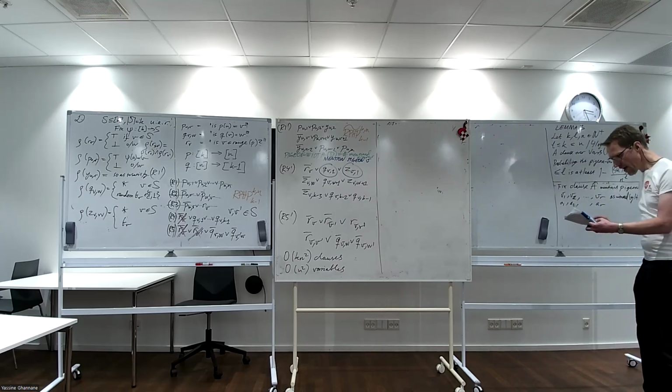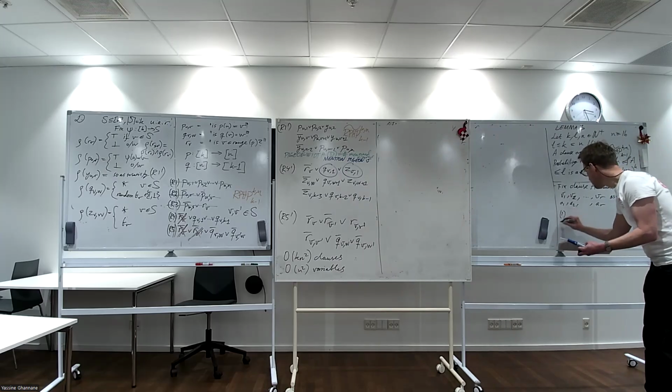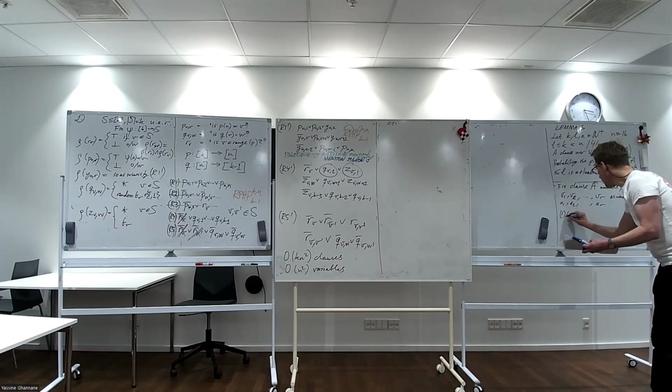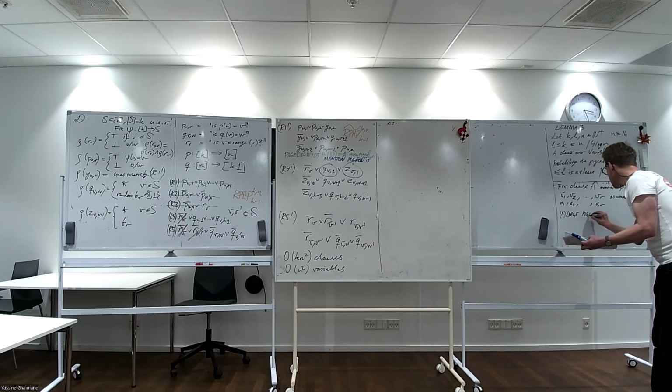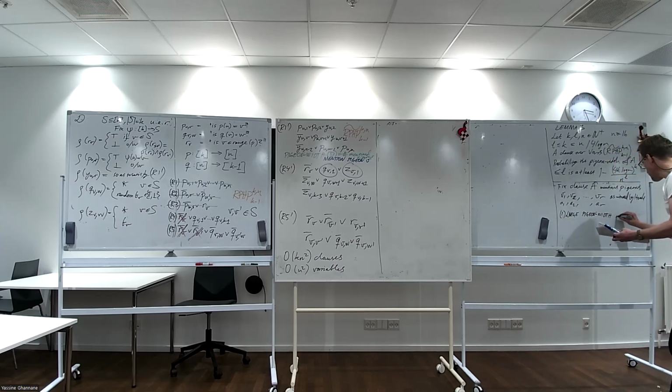And now we have a case analysis. The case analysis is large pigeon width. What do I mean by large pigeon width? I will mean that the pigeon width is larger than 2k times log n.